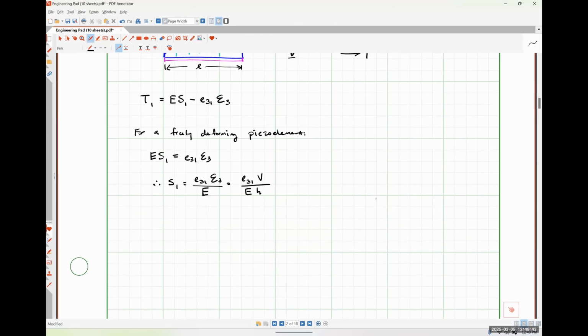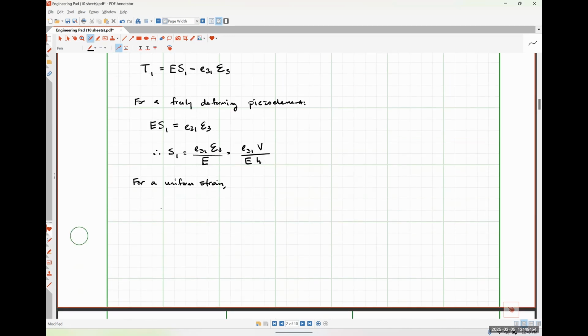And for a uniform strain, we could say that our change in length, so let me write it out this way, uniform strain would be just delta L over L, right?